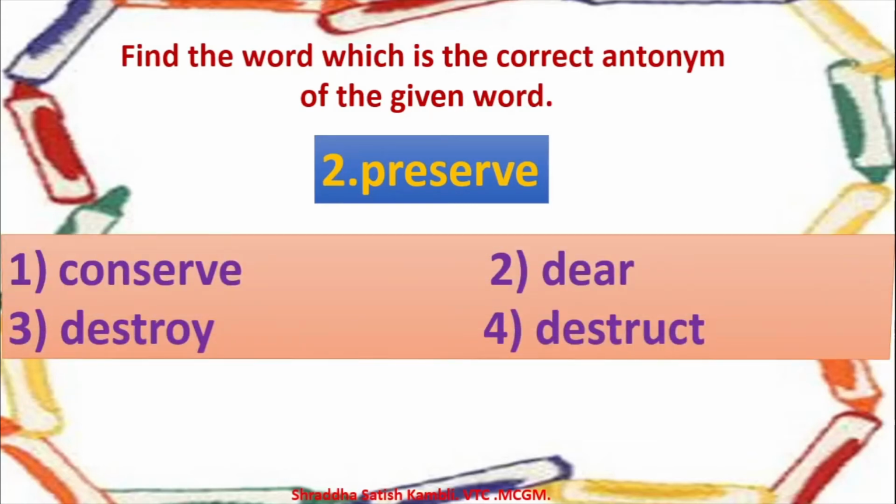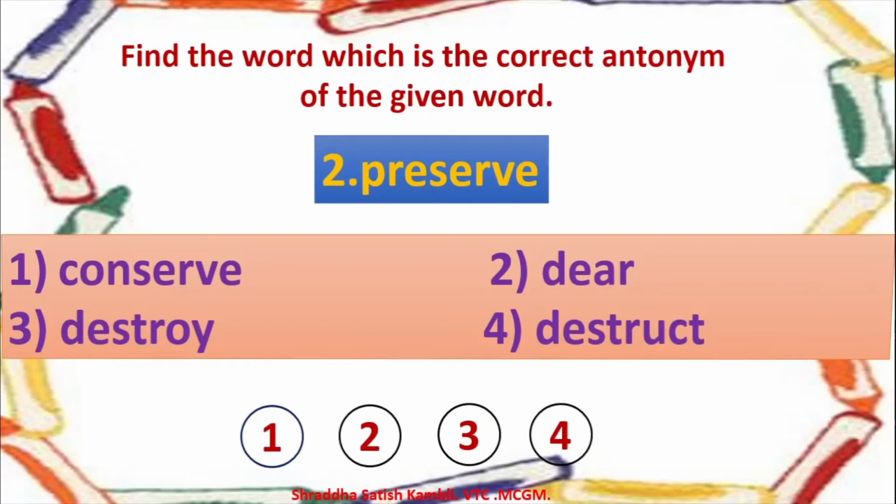You have conserve, you have dear, you have destroy, and you have destruct. You are supposed to find out which is the antonym of the word preserve. So you have your 4 options here, 1, 2, 3 and 4.